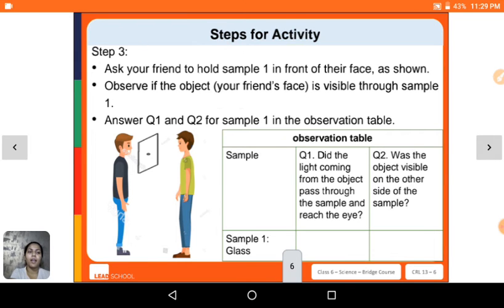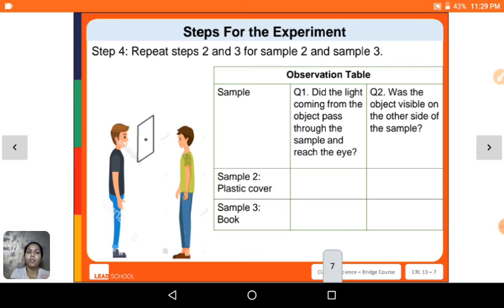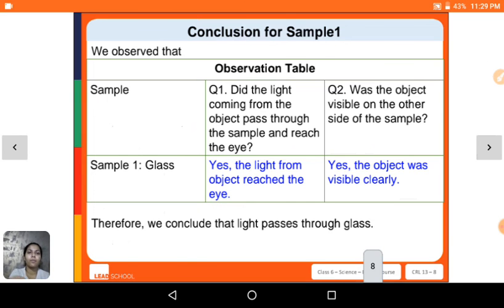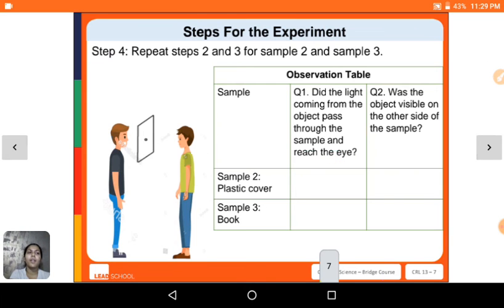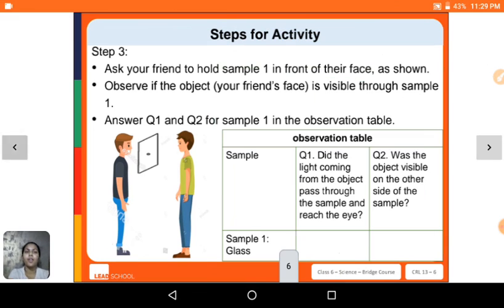Take a glass in your hand, and wait for a second. Take a glass in your hand and now, with the help of your mother, keep the glass in between.